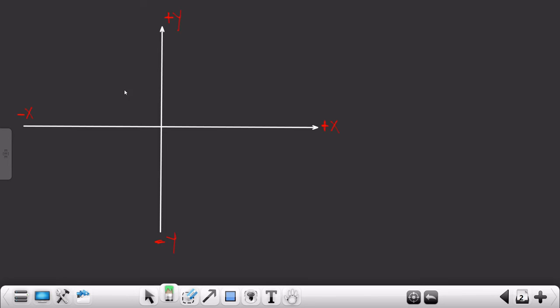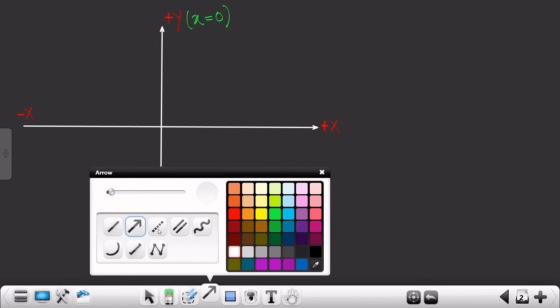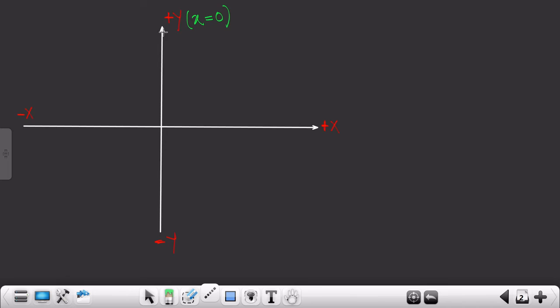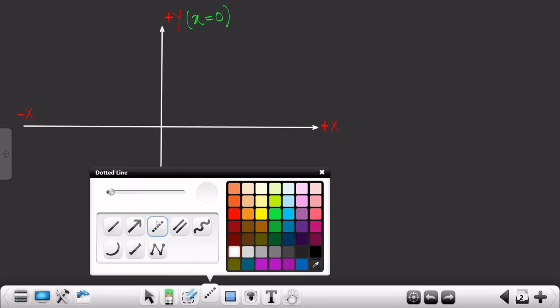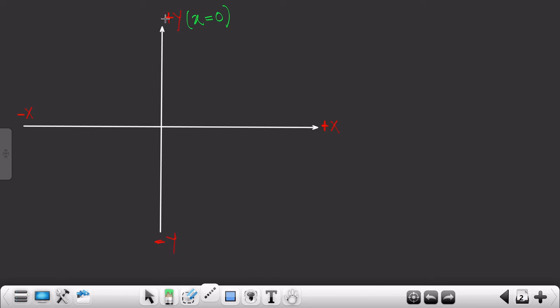Let me write it over here. Why? Because what we saw is that from the y-axis one line is passing, that is x equals 0.